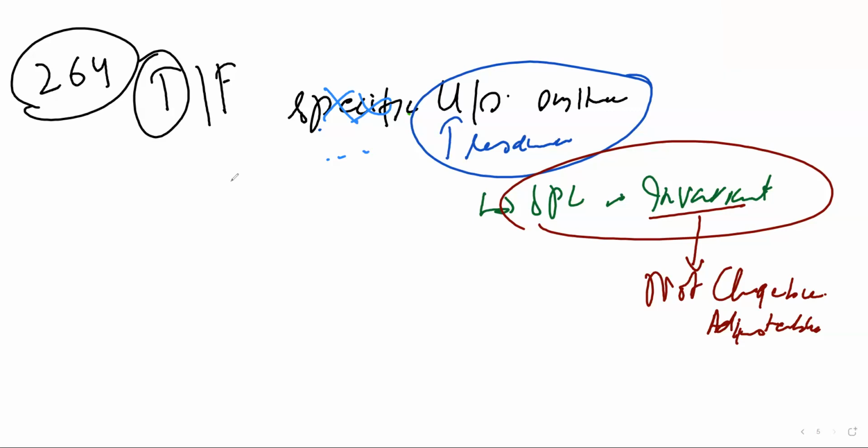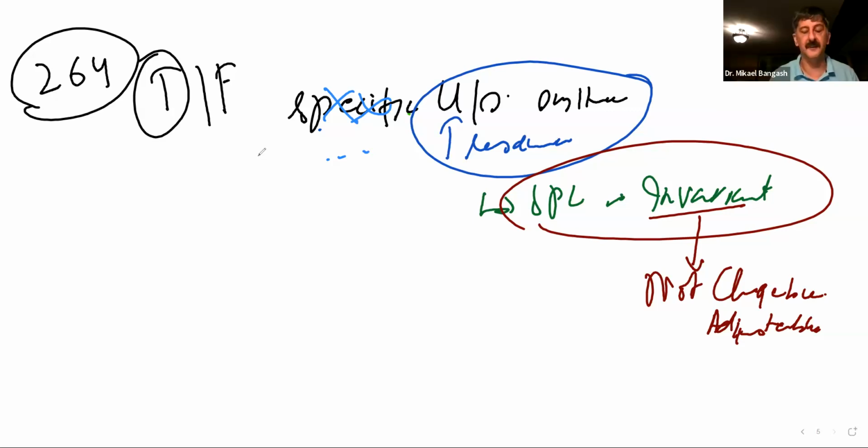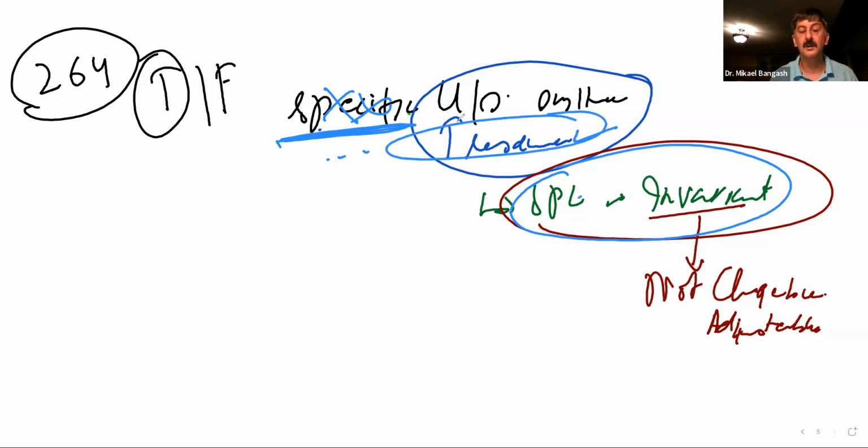Had it said any system but not specific, then it would have been false, because then you can change. Clear? But now, specifically, this transducer with this system remains non-changeable. Because for you to change this, most likely you will have to change your transducer, or in the worst case scenario, use another system.